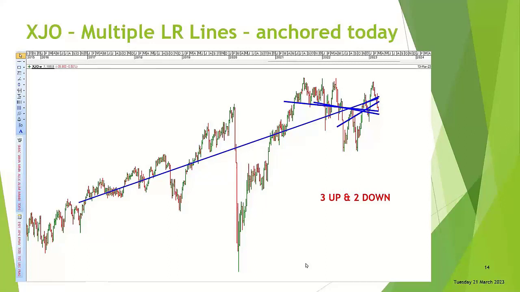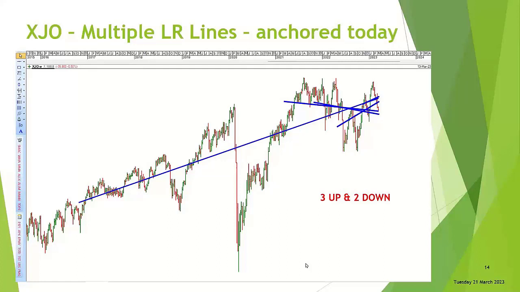In this example, 3 of those linear regression lines are up and 2 are down, and that says that the strength of the trend for this chart at the current moment in time is 3 up, 2 down. It's somewhere in the middle.